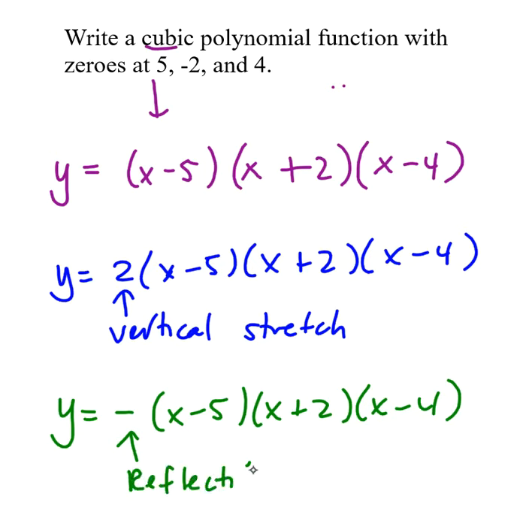Now, this particular problem didn't say anything about a y-intercept or another point on the graph or any other information that would give us an indication of the end behavior on this graph. So I don't know if it should be reflected or not. I don't know if it should have any of these other ones. So in those cases, I generally just write an a in front of that. And that a is to represent that it could be a multiple of any one of these, because it's generic enough with my description.